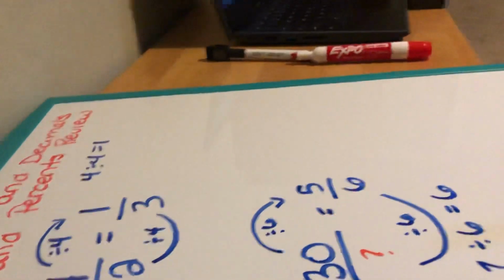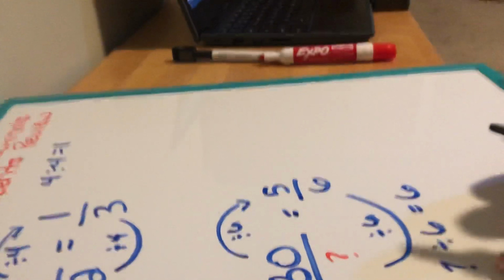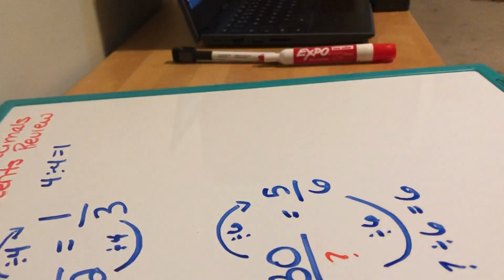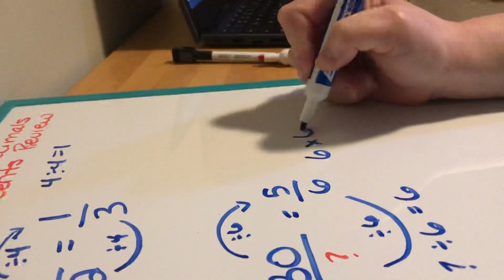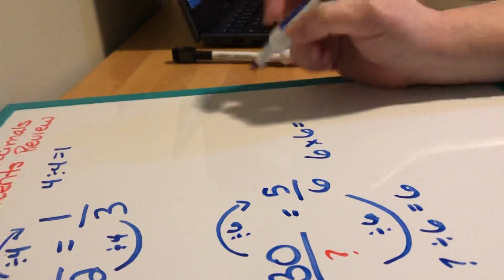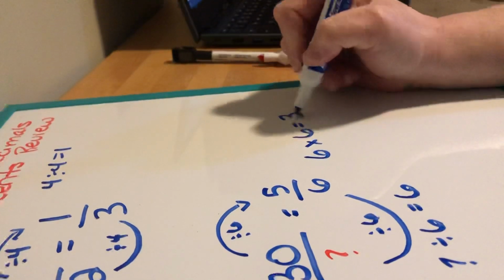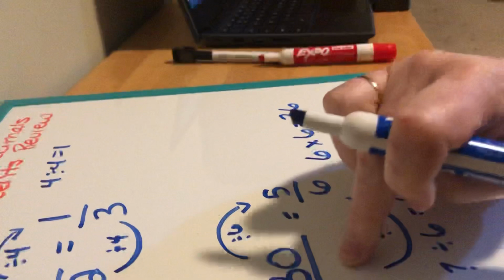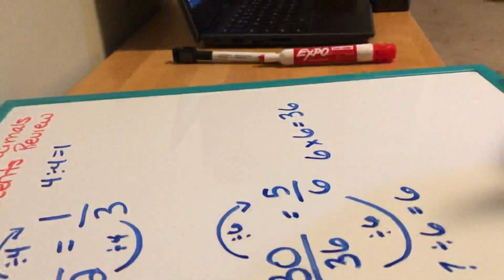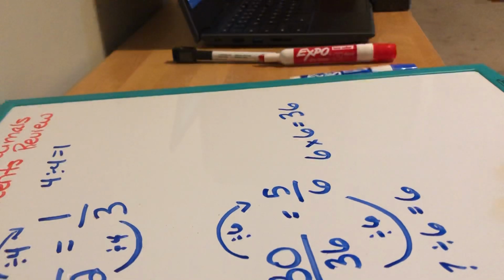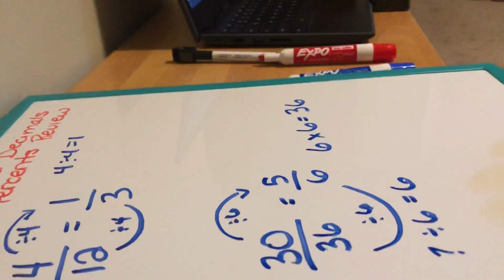Something divided by 6 equals 6. But I need to figure out what that something is. If I take 6 times 6, which is the opposite of the division, I'm going to get 36. And therefore I know that my blank here is going to be 36. And now I have an equivalent fraction.